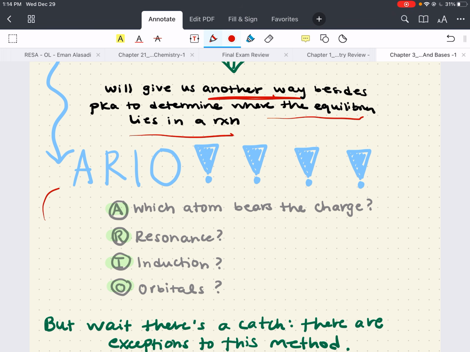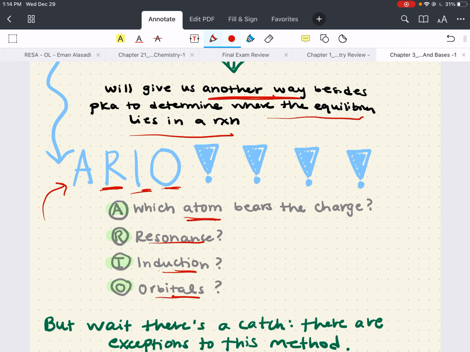Now, with this method, OREO, each letter stands for something. A stands for atom: you ask yourself which atom bears the charge. R stands for resonance, I stands for induction, and O stands for orbitals.